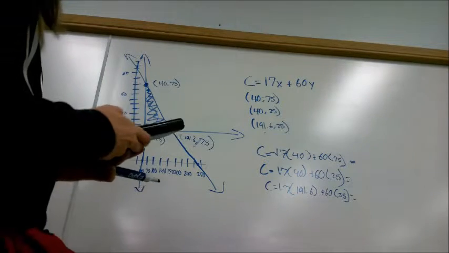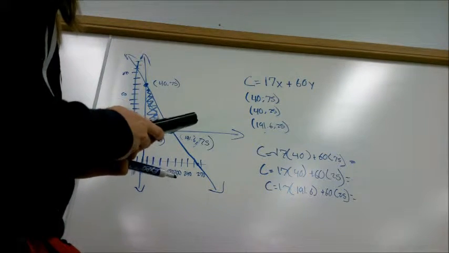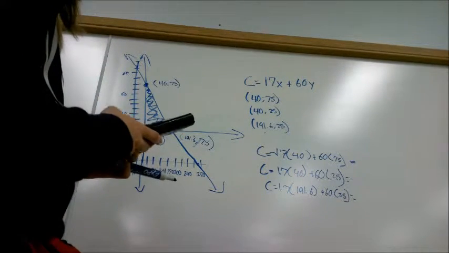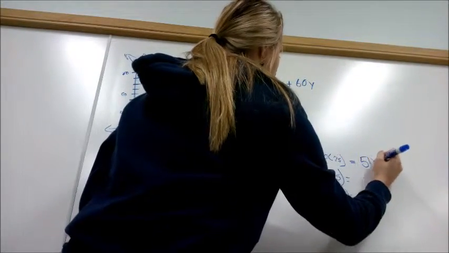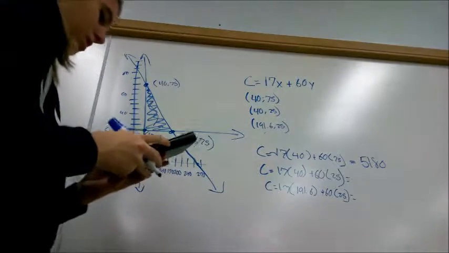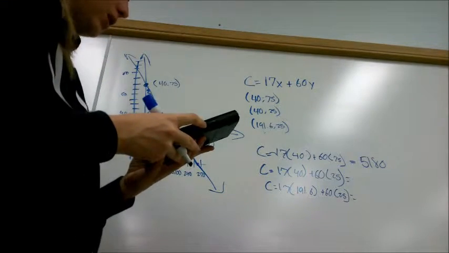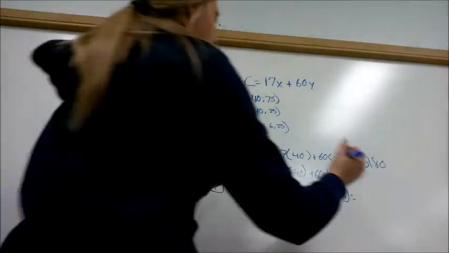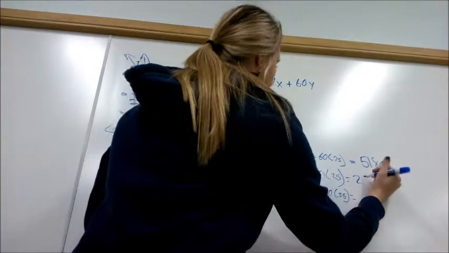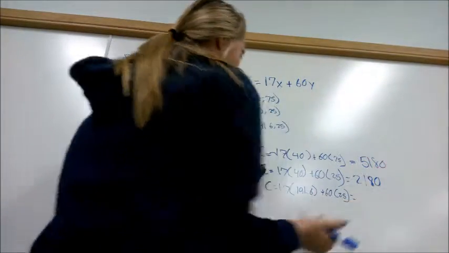So 17 times 40 plus 60 times 75 equals 5,180. 17 times 40 plus 60 times 25 equals 2,180.